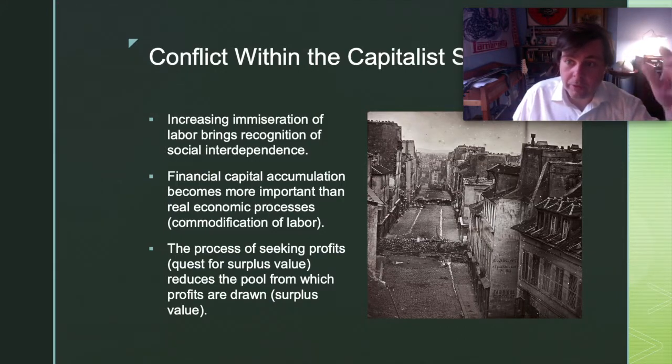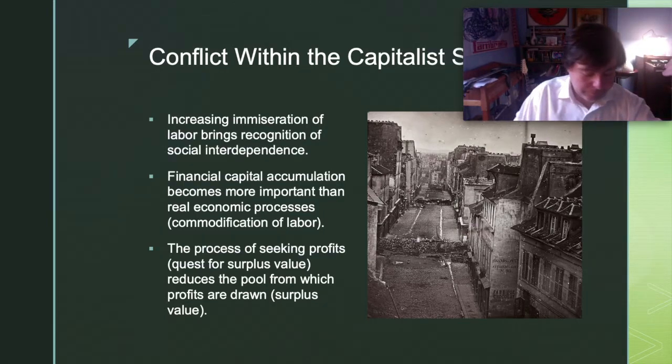So this is sort of the most internal thing that ends up causing capitalism to collapse, is that as technology becomes more and more prevalent in production, because individual firms are trying to maximize profits, that ends up reducing the pool of surplus value that firms are able to draw from, because you can't exploit the machinery, you can only exploit the labor. And as a consequence, the struggle for that pool becomes ever more intense.